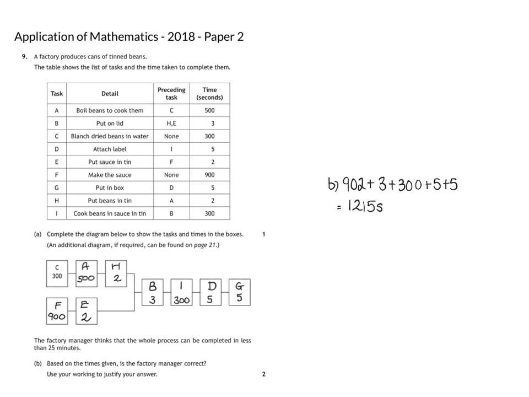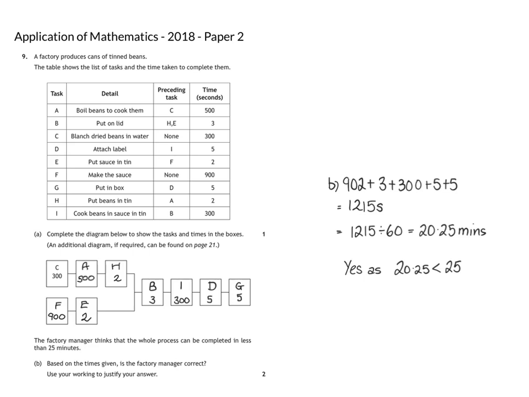Changing that into minutes, we're going to have to divide by 60, because there are 60 seconds in a minute, which gives us 20.25 minutes. So we can say yes, as 20.25 is less than 25.